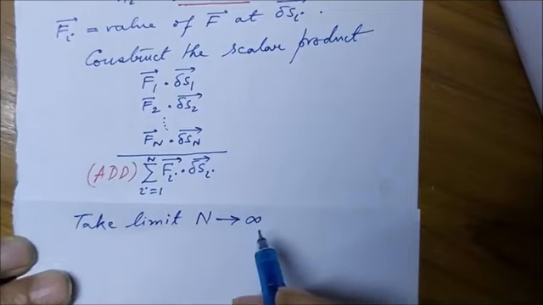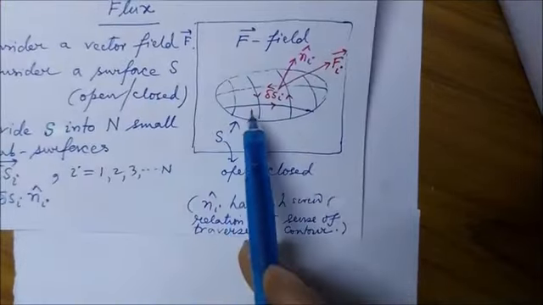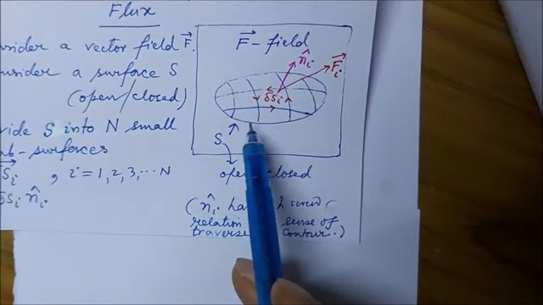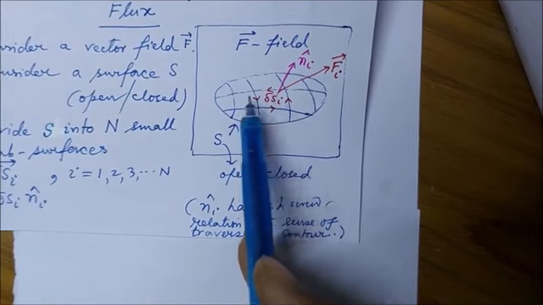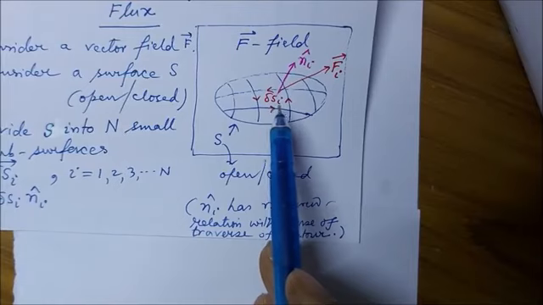Let us take limit n tending to infinity, which means number of such portions or surface segments is infinite. In other words, the size of the segments reduces to 0 in the limit.